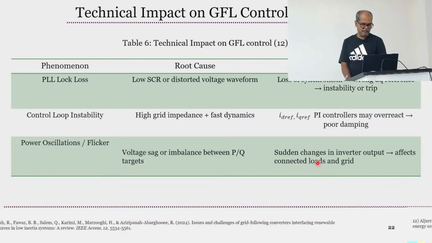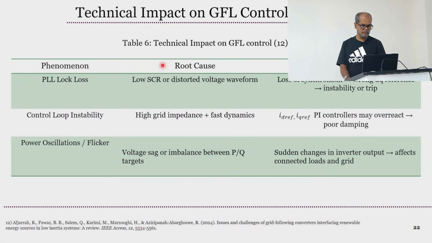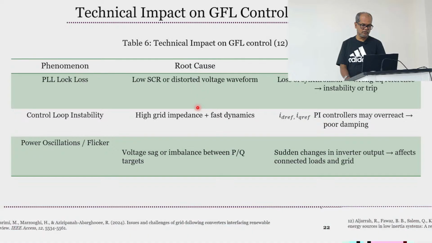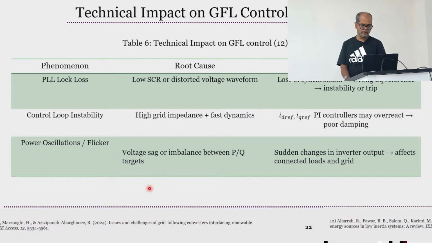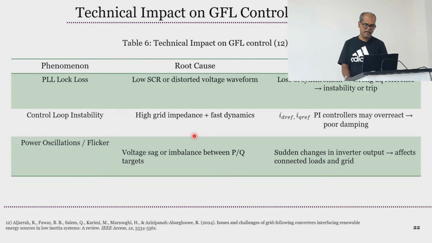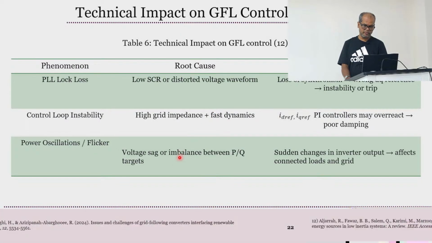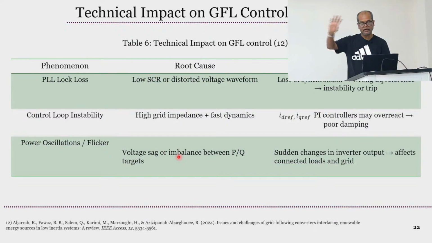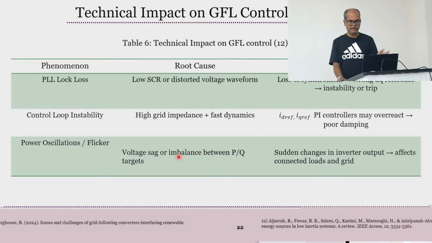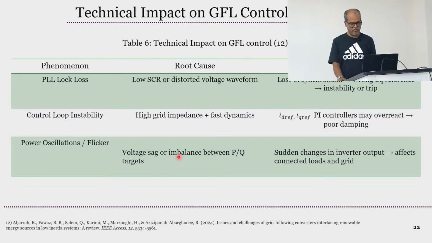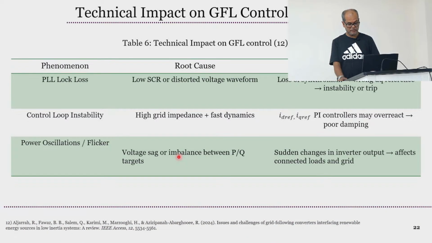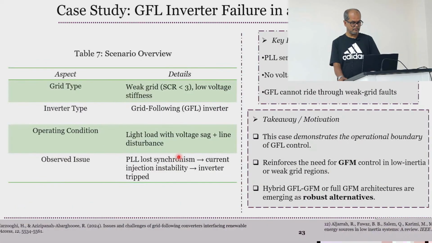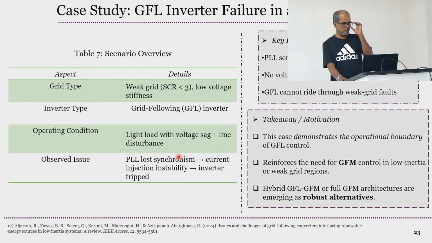So I think we already talked about the root causes of this: low SCR, distorted waveform, high grid impedance, fast dynamics, voltage sag, or voltage unbalance. That is also one of the problems in recent years, when we are connecting different photovoltaic systems in different phases, because most of them are single phase in your home, right, and people connect in different phases, sometimes that also causes a voltage unbalance problem.